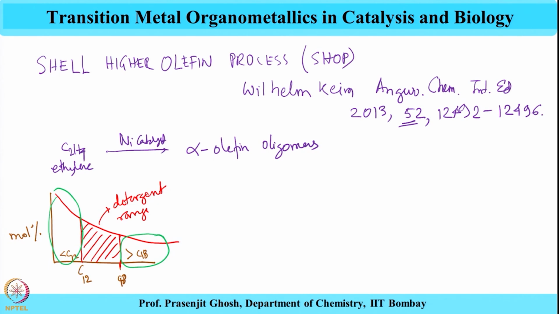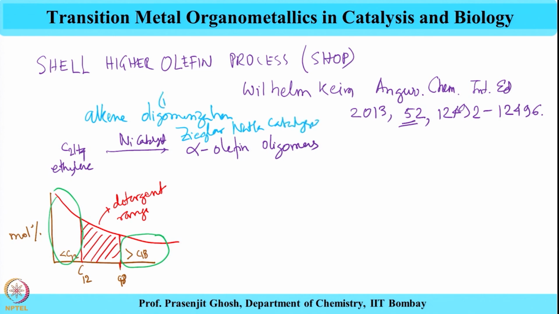Now, this oligomerization of alpha olefin was produced by this process which is called alkene oligomerization using Ziegler-Natta catalysis.